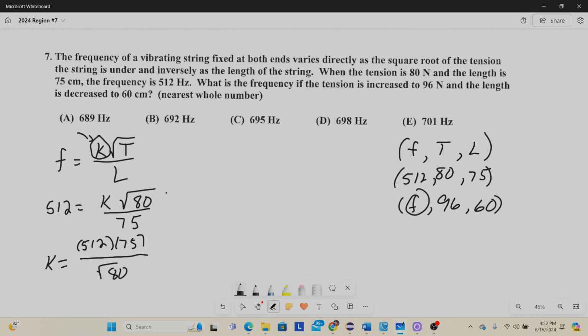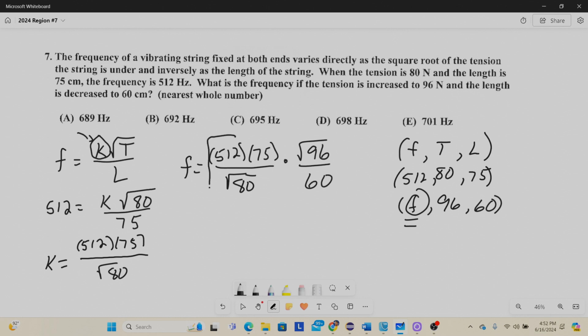And so now that we solved for k, we can actually get the new frequency we're solving for. So the frequency is equal to k, which again is 512 times 75 divided by the square root of 80, times the square root of the tension, the new tension is 96, divided by the new length, which is 60.